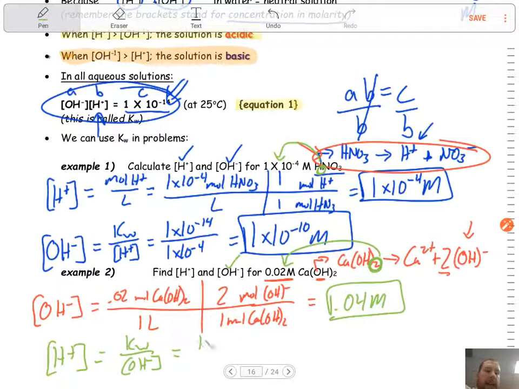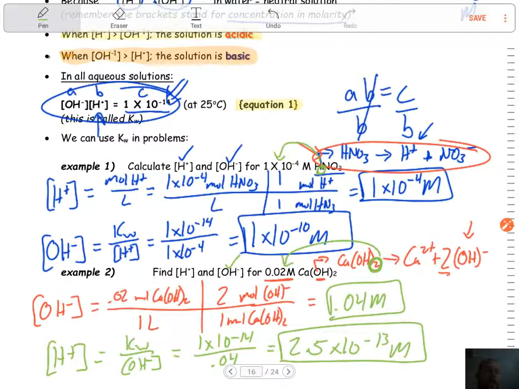Kw again is a constant, 1 times 10 to the minus 14, divided by 0.04. Remember, when you plug in the top number, you've got to use the E button. If you use the caret key, it's going to mess up your order of operations. So this one, when I go through and do it, is 2.5 times 10 to the minus 13 molar. All right? So those are a couple examples that we have there.